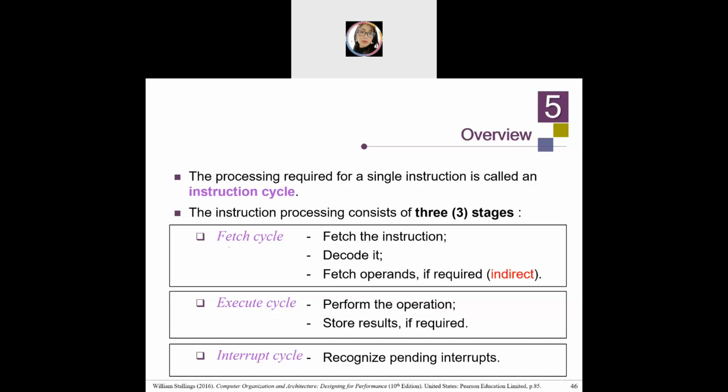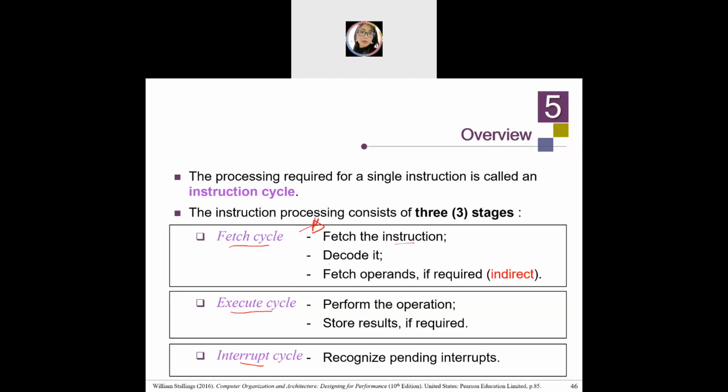First is fetch cycle. Second is execute cycle, and third is interrupt cycle. For fetch cycle, fetch instruction, so that will be the task or the function of fetch cycle.